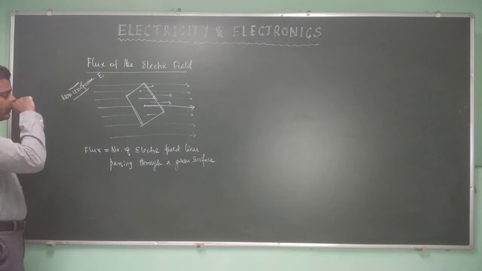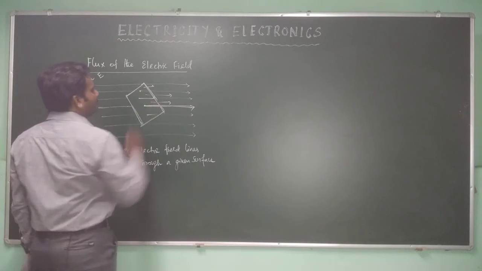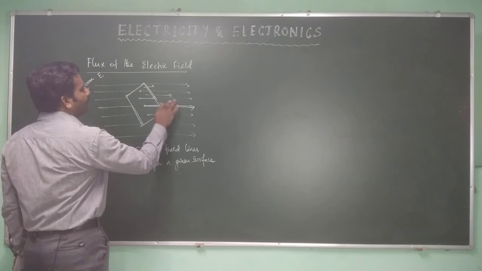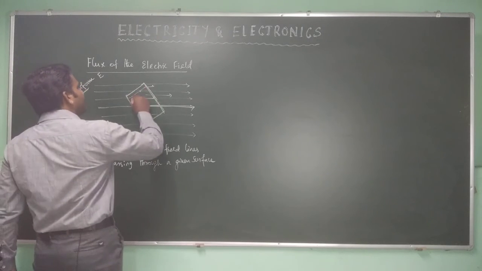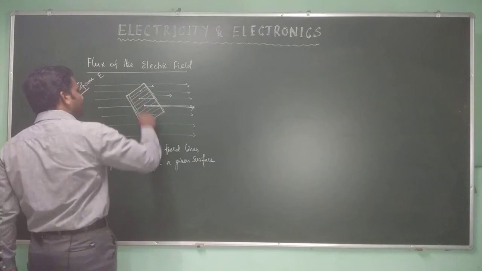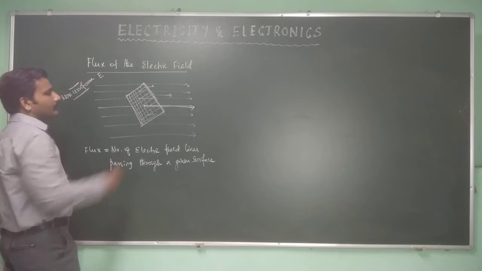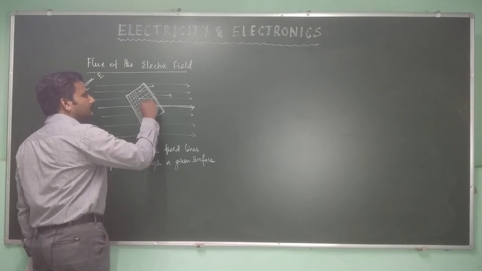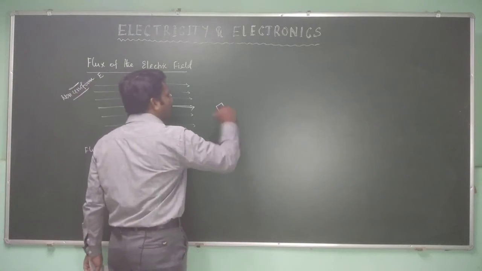Now how to write the expression? Let us consider this line for convenience, and let us divide the surface into infinitely small squares. Now consider this square, right? So there is a square that we have considered.